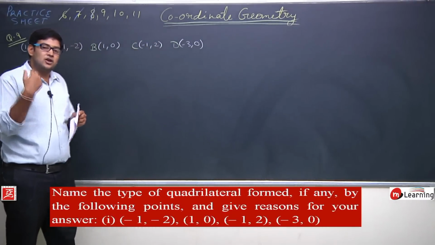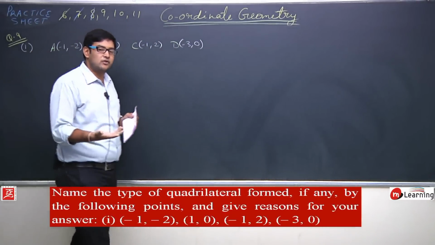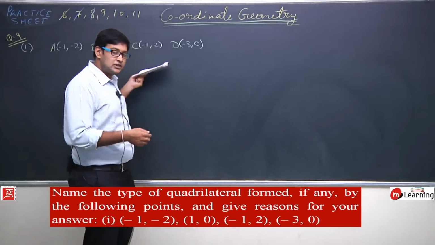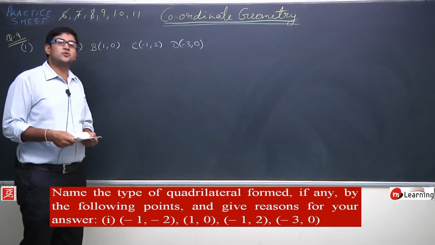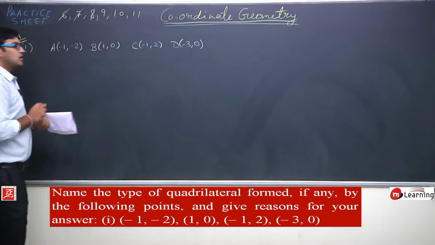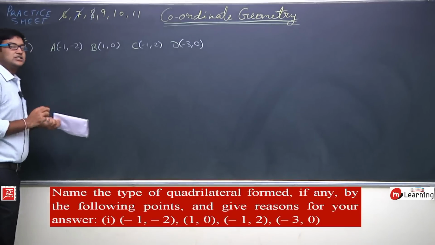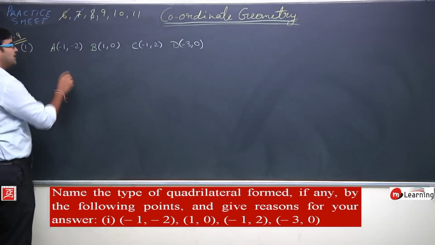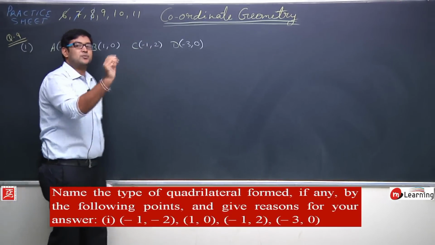So what logic, what approach will we apply for forming the result from these 4 points? We will apply the same methodology that we applied in the 6th question, that is, we calculate the distance between all these points.